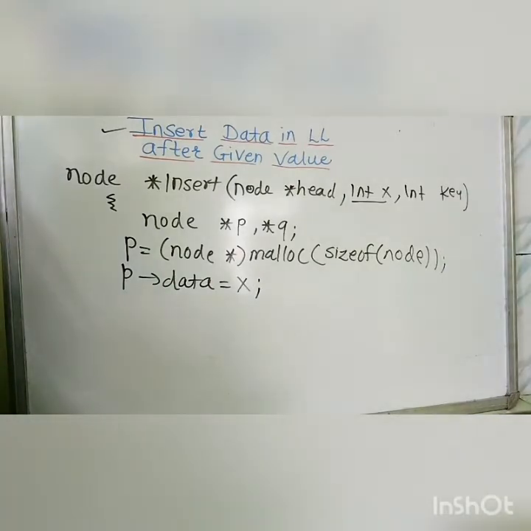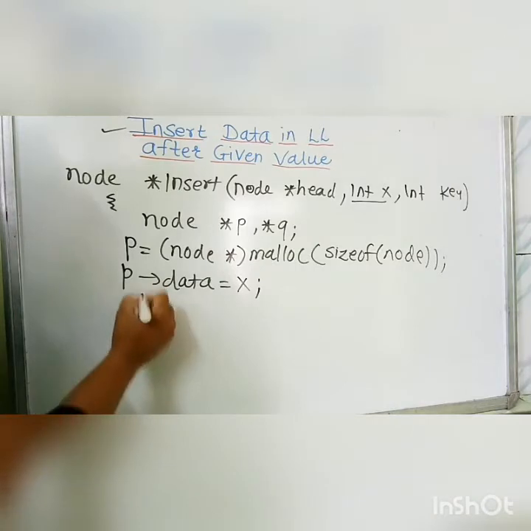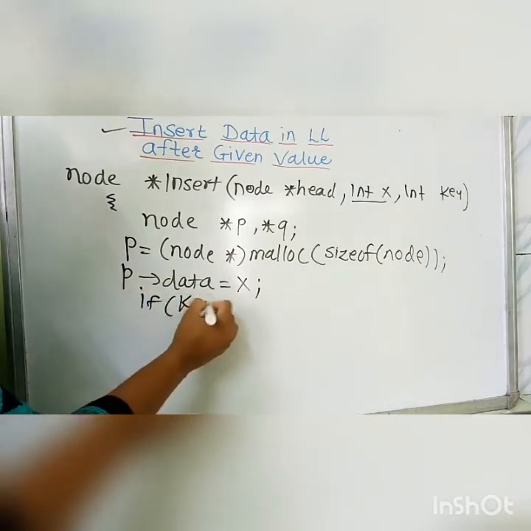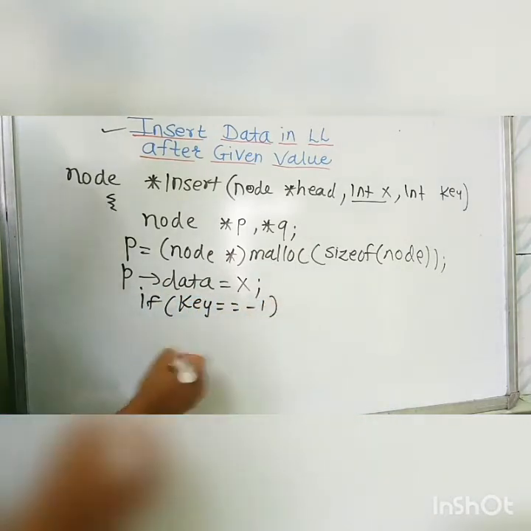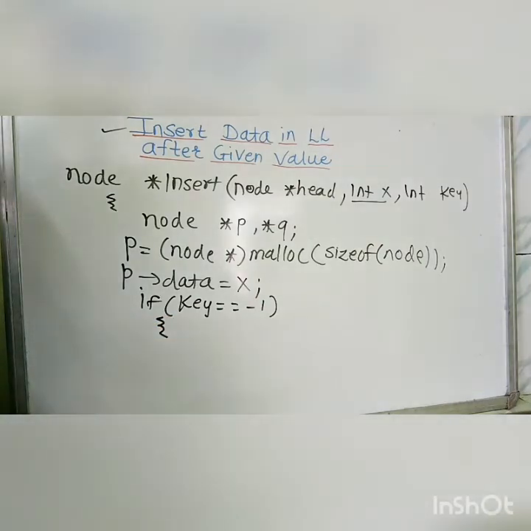Now we have to take situations of the key, means the user provided us the key element as the first element, middle element or the last element, so we have to check the position. Suppose key is equal to -1, it is a case where we have to insert a node at the front of a linked list.